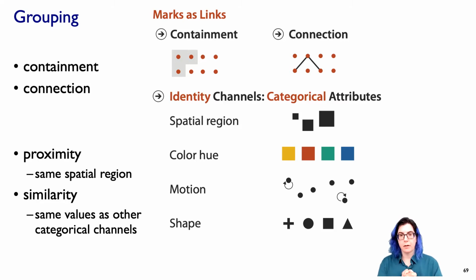We'll talk more about that as we go. And it's also true that if we have the same value, for example, everything that's colored red or everything that's a dot versus a square, those are also going to be perceived as a group. This is something you're not doing cognitively, it's something you're doing perceptually, that your perceptual system does under the hood and automatically, without requiring conscious attention.